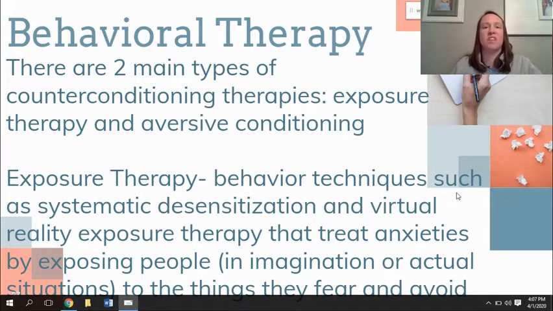So those are two types of exposure therapies that treat anxieties by exposing people in either imagination or real life. Exposure therapy and systematic desensitization, that'd be more real life. Virtual reality would be in their imagination kind of thing. So in imagination or actual situations to the things they fear and avoid.